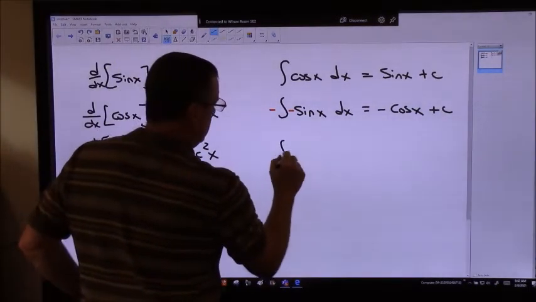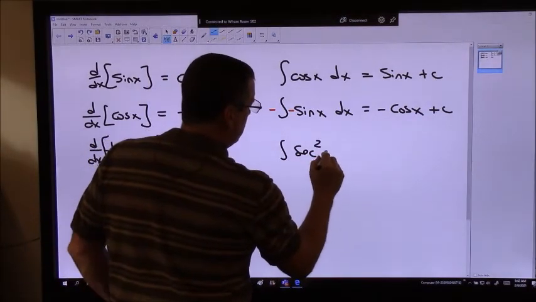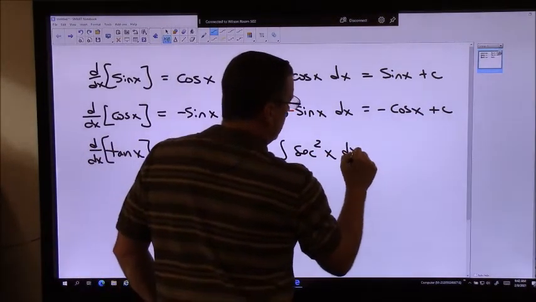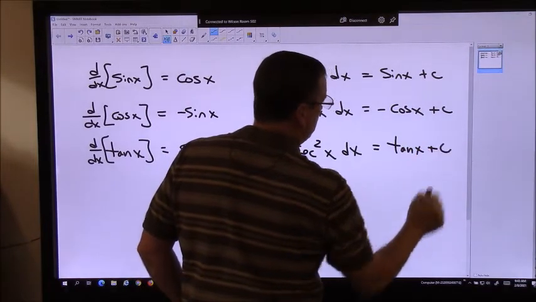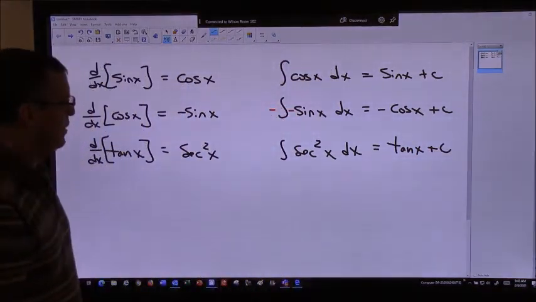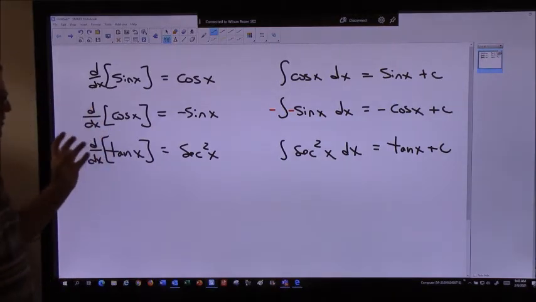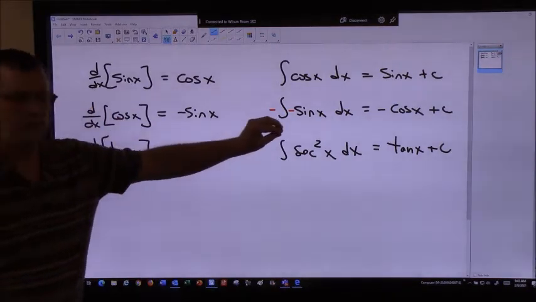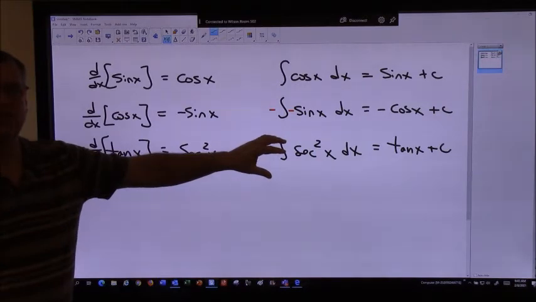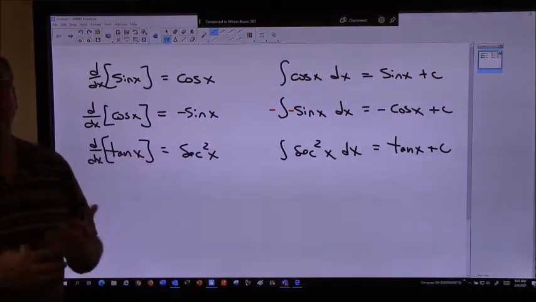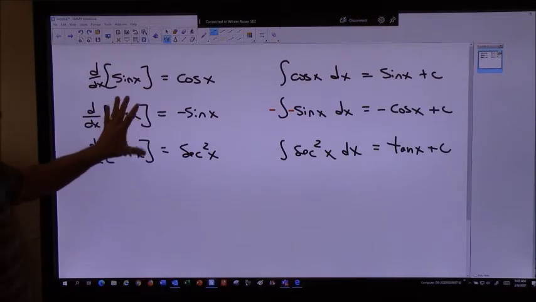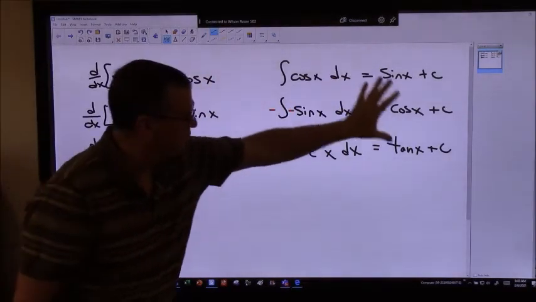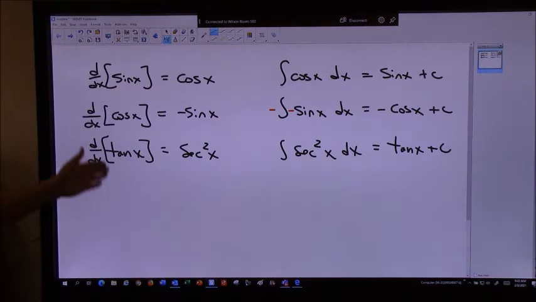So that must mean that the integral of secant squared of x dx is equal to tangent of x plus c. See, we don't have a derivative where our answer is just a secant by itself. So we're going to have to figure some things out here. But all the formulas that we do know, we can take the integral of those and get whatever we were taking the derivative of.